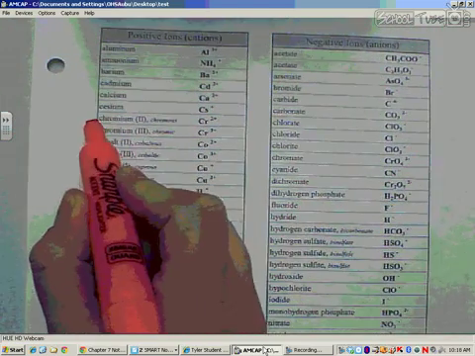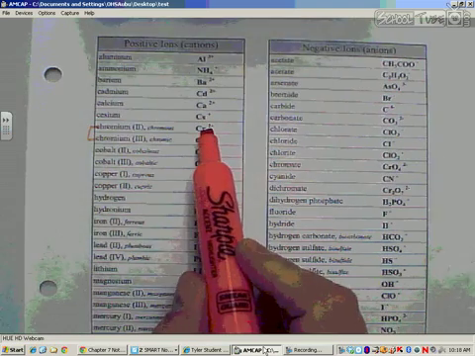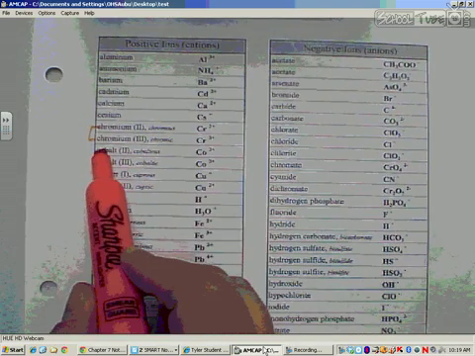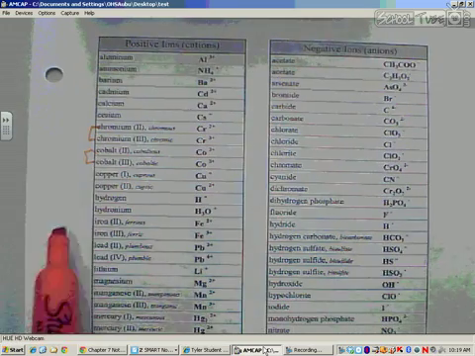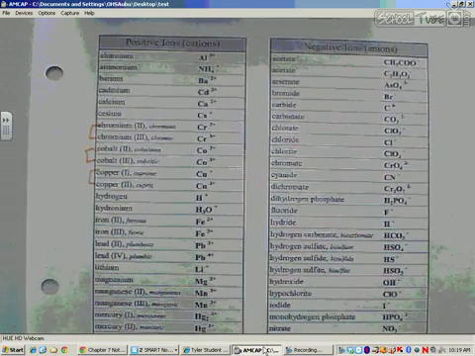You see here chromium has 2 ions. We can have chromium plus 2 or chromium plus 3. Cobalt can form 2 ions. Copper can form 2 ions.